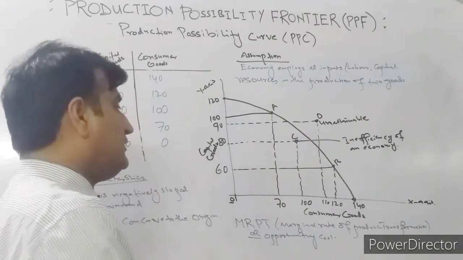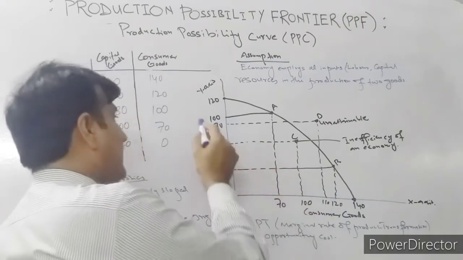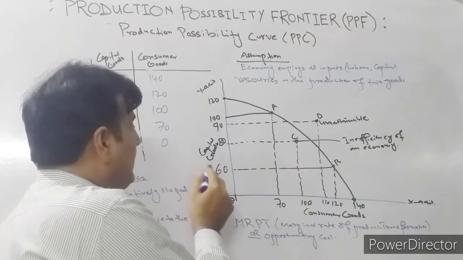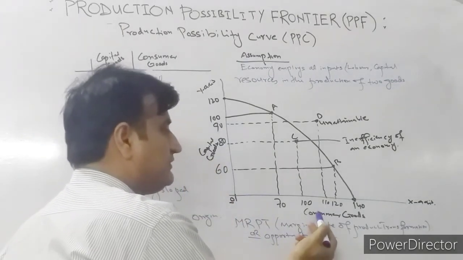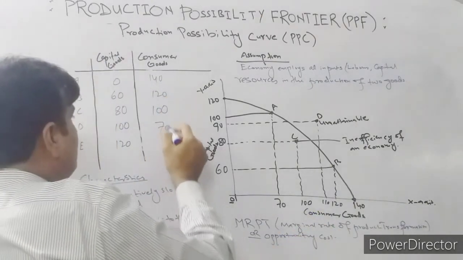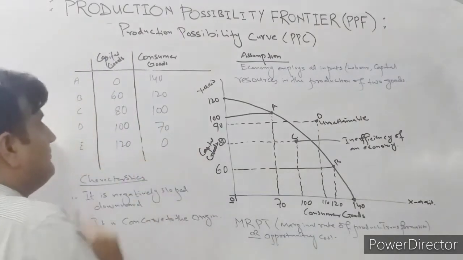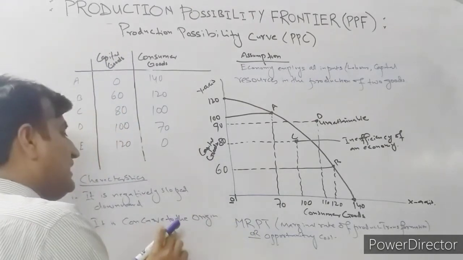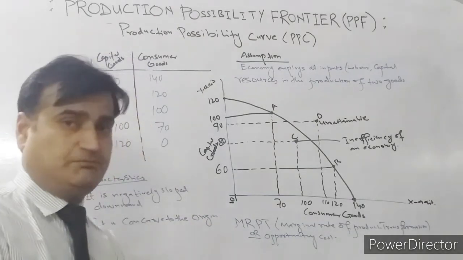Because in order to increase the units of consumer goods, the economy has to sacrifice the capital goods. If an economy would like to increase the capital goods, then it would have to reduce, sacrifice, forego the consumer goods. If consumer goods are increasing on one side, the capital goods also decrease. So there is an opportunity cost. That's why it is concave to the origin, because of the marginal rate of product transformation.